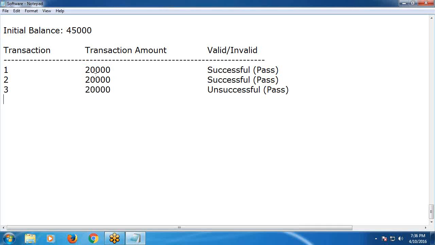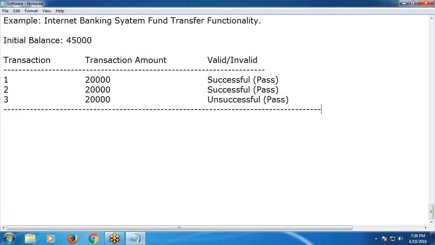See, observe, same input, successful pass, same input, unsuccessful pass. Depends on that condition, that state, expectations vary. This is about state transition testing. Depends on states, expectations vary.